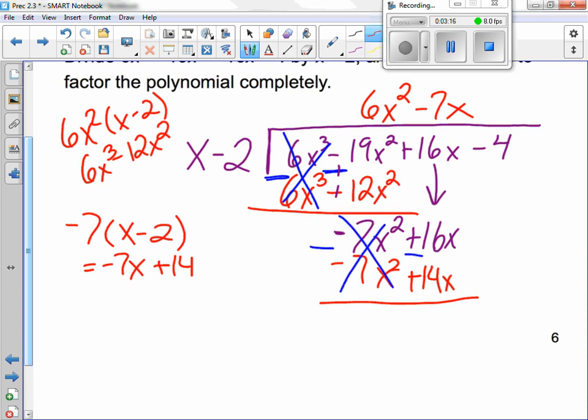And then we subtract, and the first two are going to cancel out, yes? And then we would have a positive 2x, and we bring down the next term.